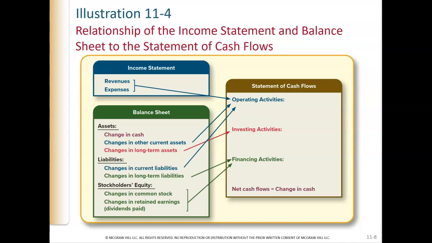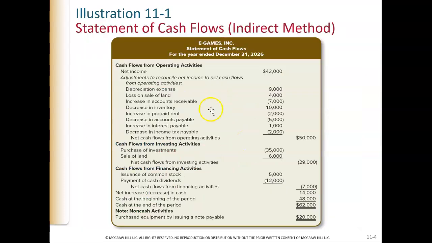Let's go back to that statement. Let's say that we get this straight and we're able to do this right, and then you come down to the end of the statement and you forget what to do. This comes down to a net cash flow from operating activities. We've got a $50,000 inflow, a $29,000 outflow and a $7,000 outflow for a net increase in cash of $14,000.